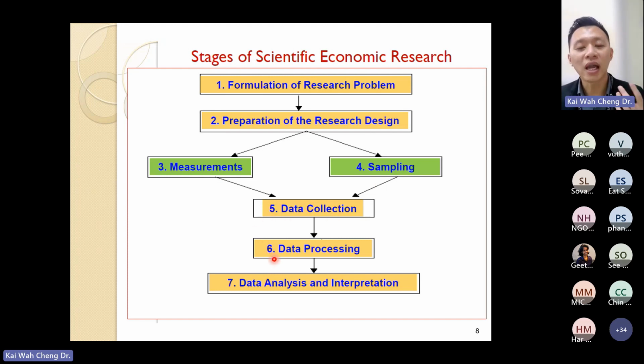How to handle your data set, and finally, how to use the software to produce the research output and how to interpret the data. And finally, the conclusion. So basically, this is an overview for all of you of the steps to conduct a social science research.